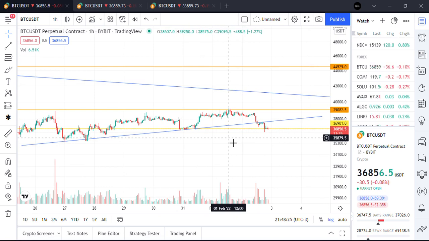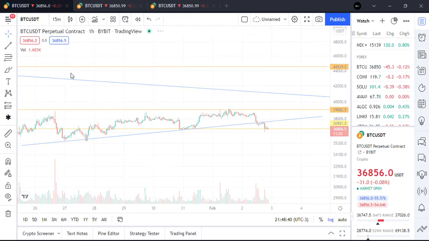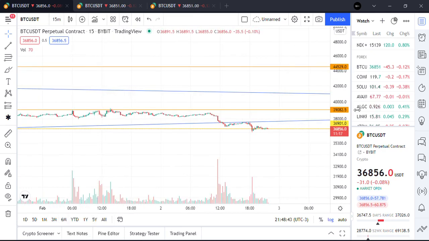If you're setting your take profit, you can say your first take profit is this previous low, TP1, TP2, TP3, previous lows. But it's best if you are using the 15 minutes time frame to set take profits.